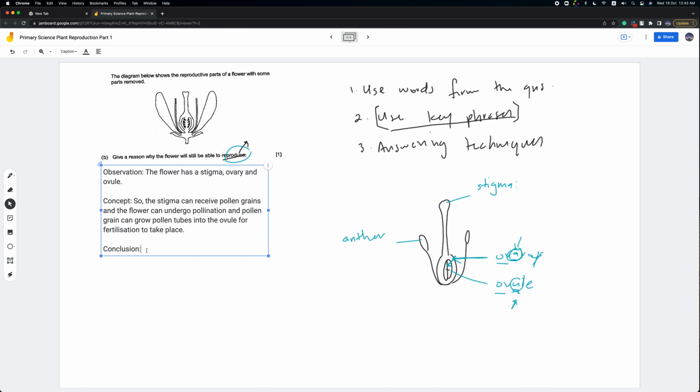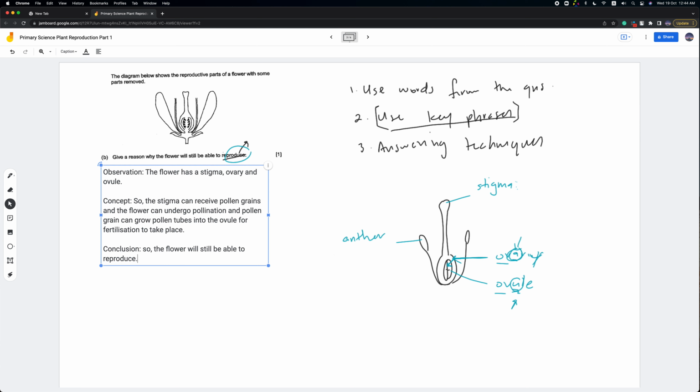And the conclusion is the easiest. We just lift from the question. We will say, so the flower will still be able to reproduce.